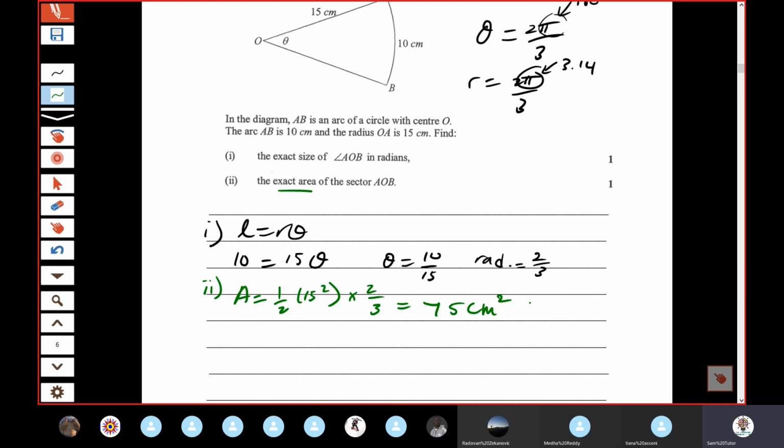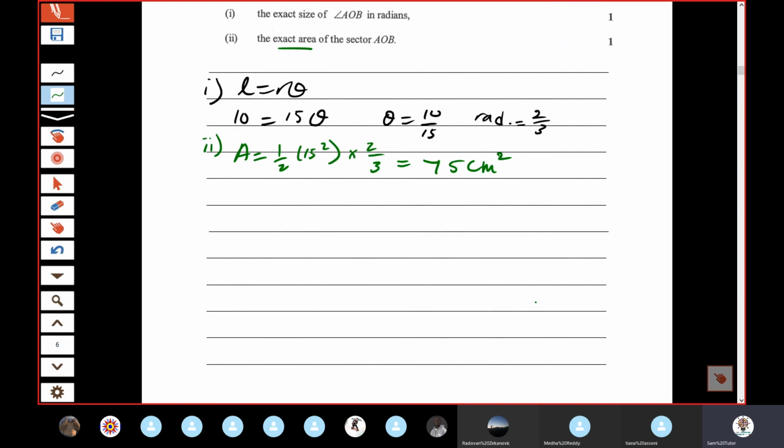You won't lose a mark for centimeters squared, but it just makes you look better if you write it. Any questions? Nice and easy. Let's try another one.